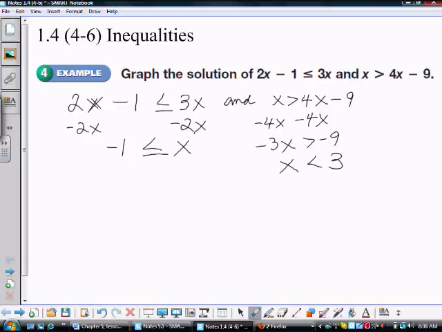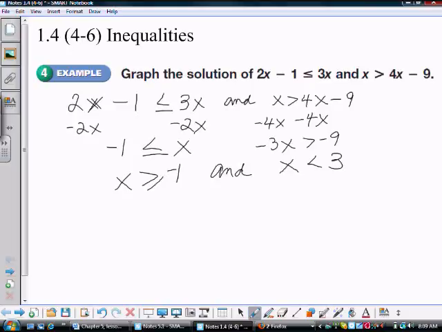I'm going to change the way I look at this one to write the x on the left-hand side. x is greater than or equal to negative 1, and x is less than 3.